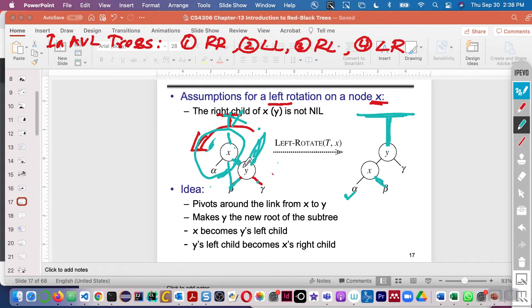Okay, that is a good question, but we know that this is a BST. So in a BST, beta is always greater than alpha. Well, doesn't beta just have to be less than Y?